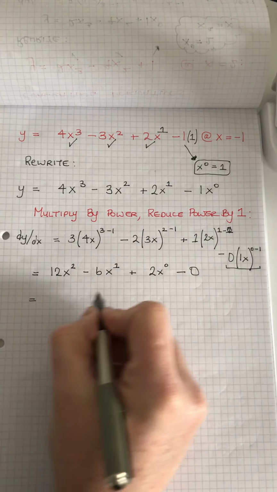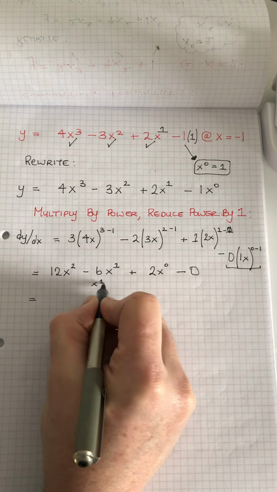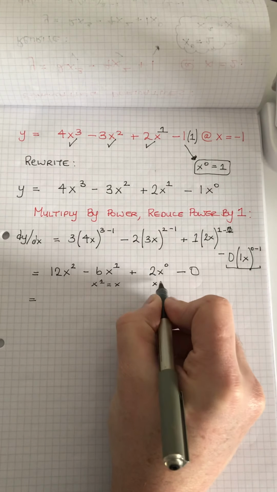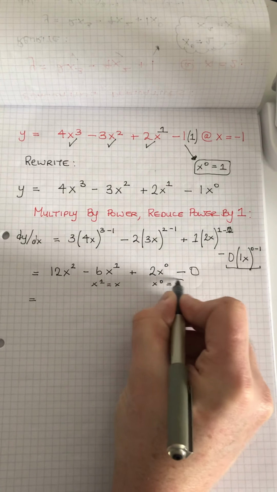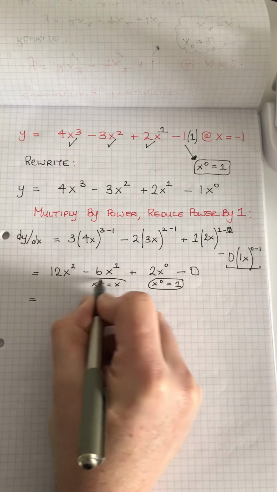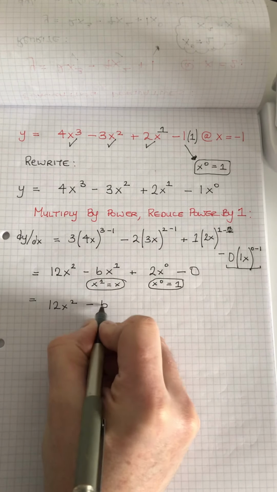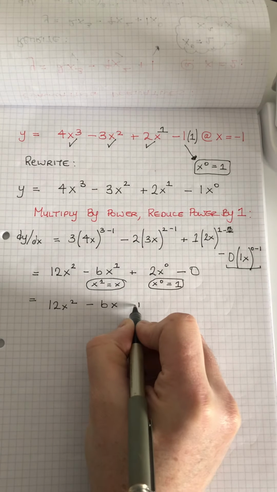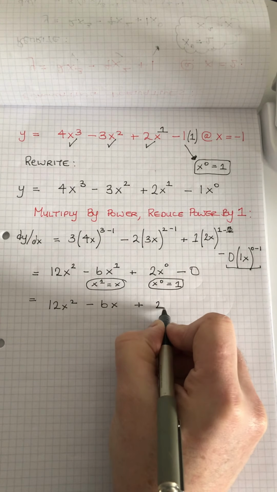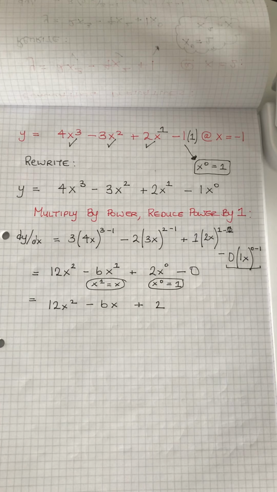So we know again, x to the power of 1 is x, and x to the power of 0 is 1. So our answer will be 12x squared minus 6x plus 2. Okay?